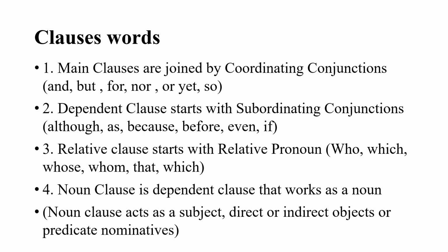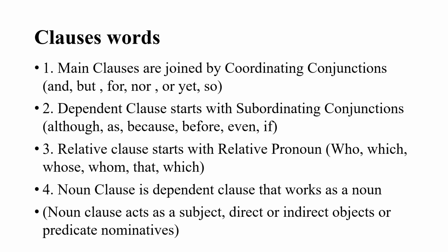Main clauses are joined by coordinate conjunctions: and, but, for, nor, or, yet, so. Or we can say it is an acronym, FANBOYS. So these are the clues which will help you identify each clause appropriately.